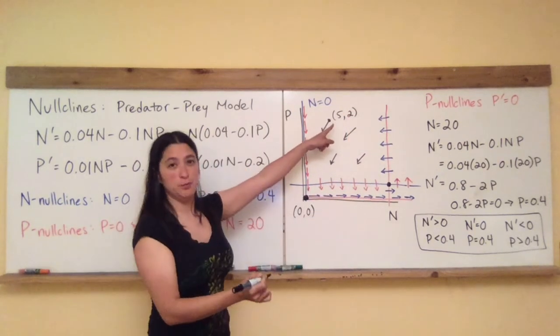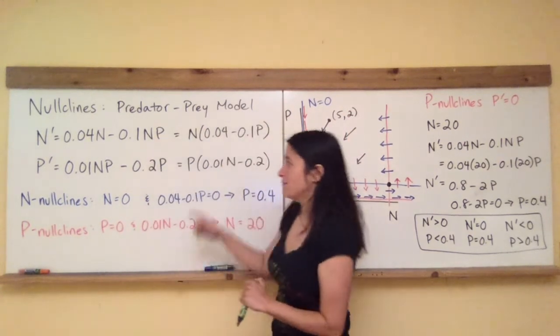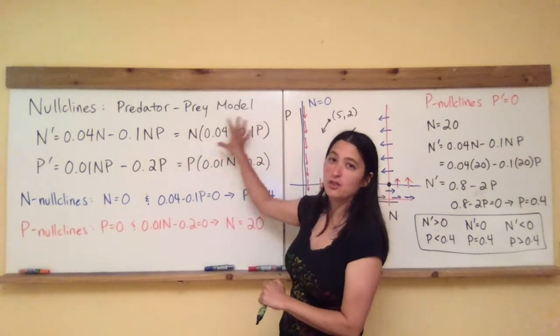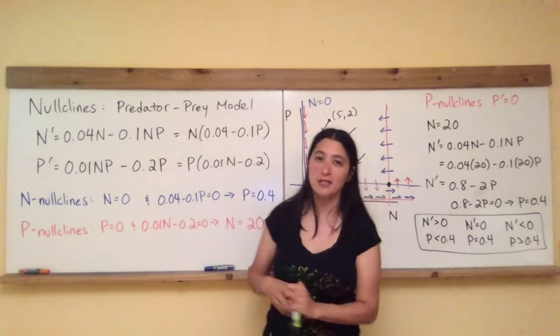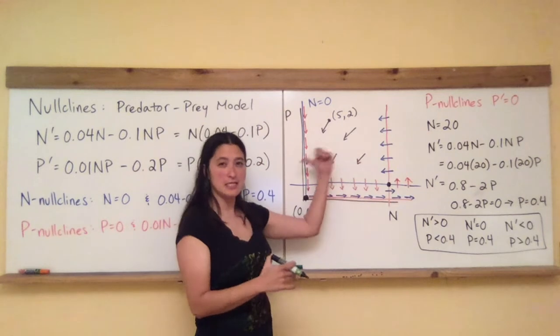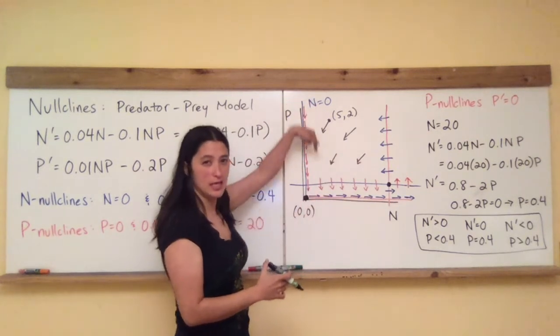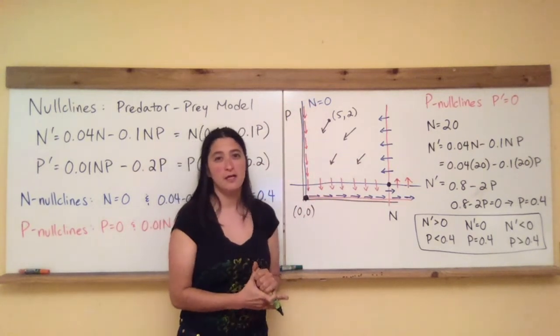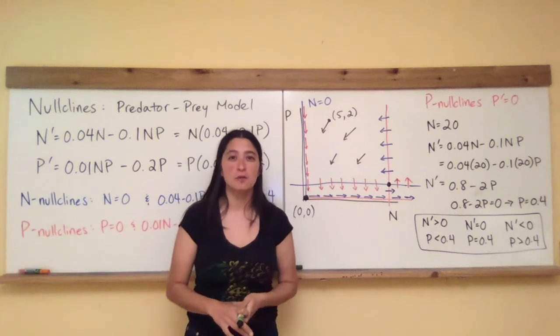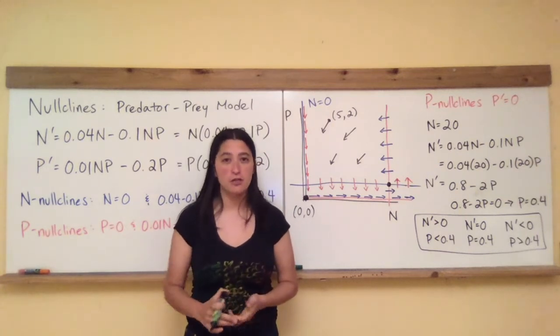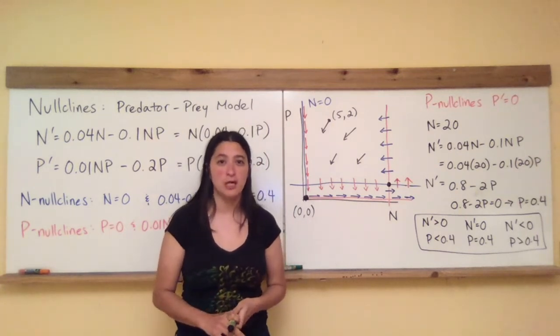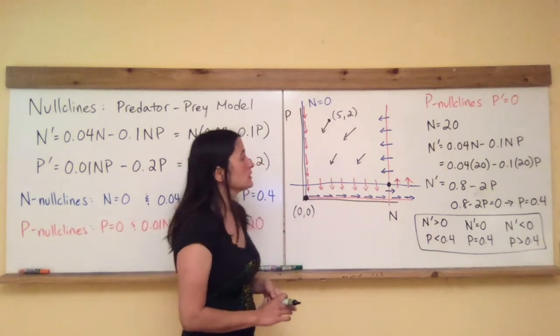If I plugged 5, 2 into these equations, I would get a vector that has a negative horizontal component and a negative vertical component. Okay? Go ahead and practice that if you want a little review of evaluating vector fields, which we learned back in chapter 1. That's a good practice.